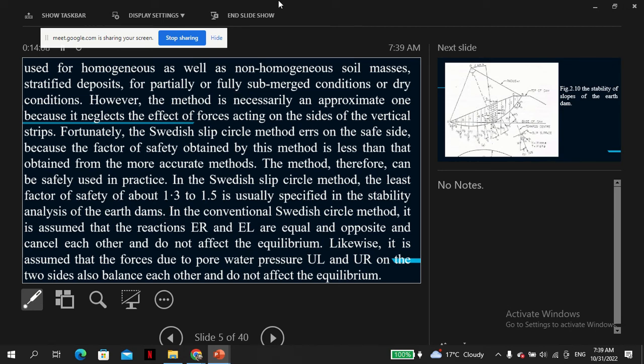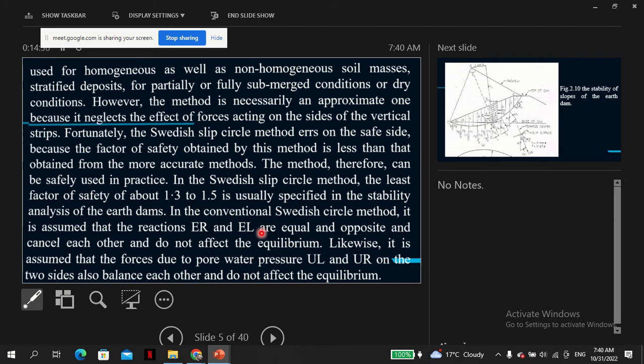In the conventional Swedish circle method, it is assumed that the reactions ER and EL are equal and opposite. I'm going to show you this in detail. They cancel each other and do not affect the equilibrium. Likewise, it is assumed that the forces due to pore pressure UL and UR on the two sides also balance each other and do not affect the equilibrium.